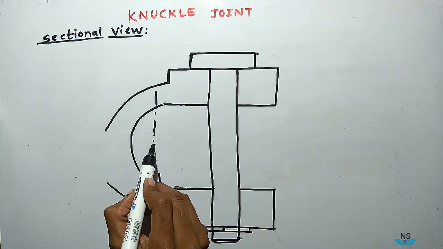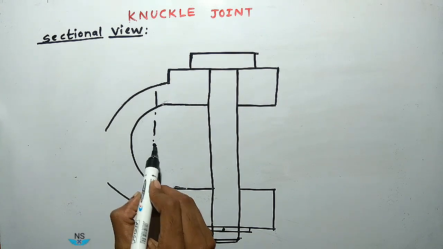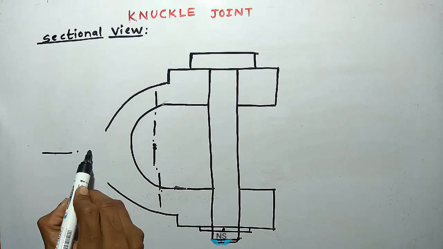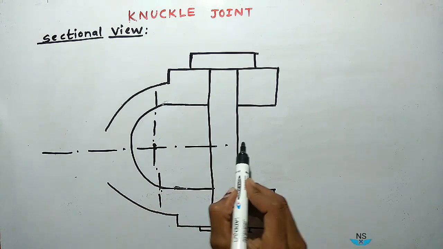This curved part has a radius, that is R. This is the central axis.